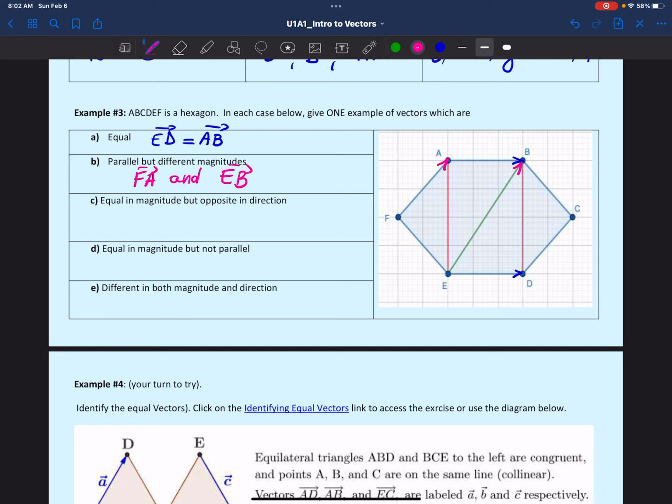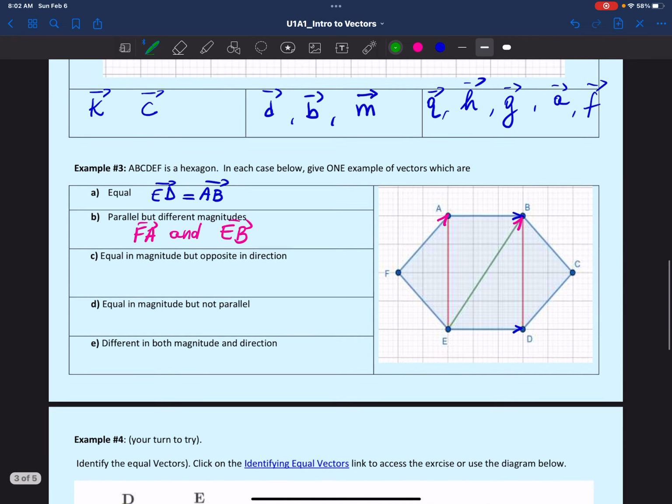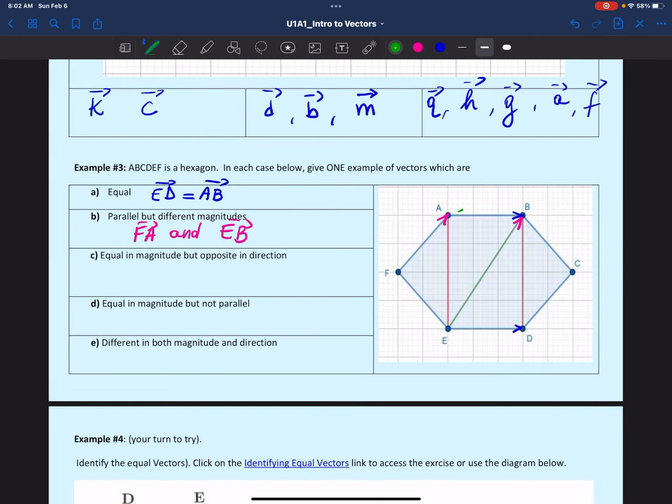Equal in magnitude but opposite in direction. So for this, I will refer to vectors AB and DE. Equal in magnitude but not parallel.